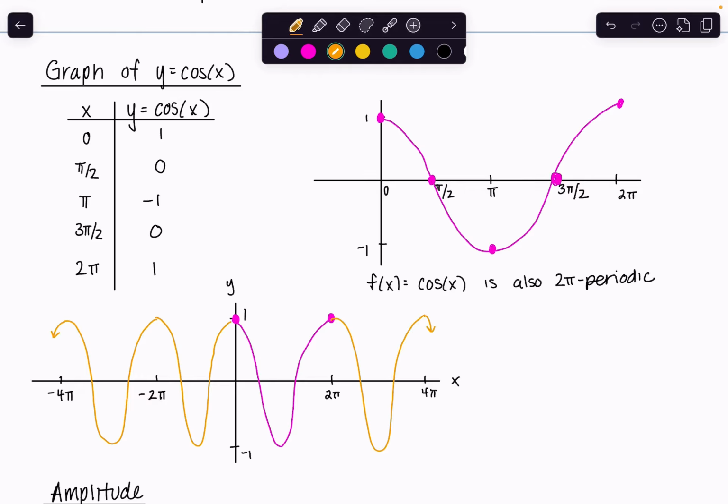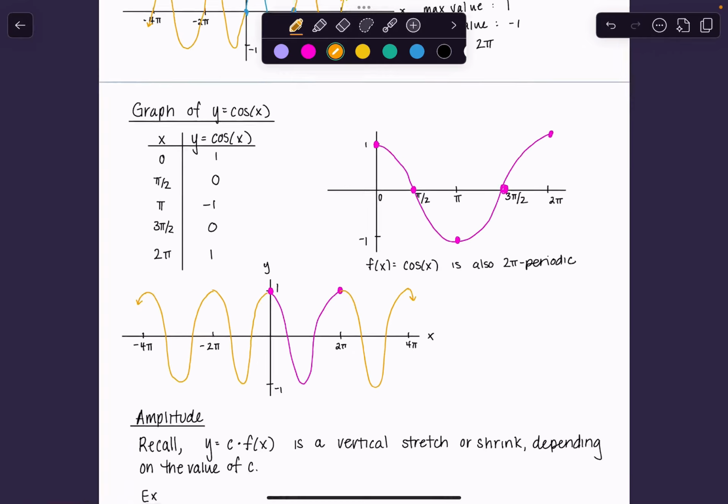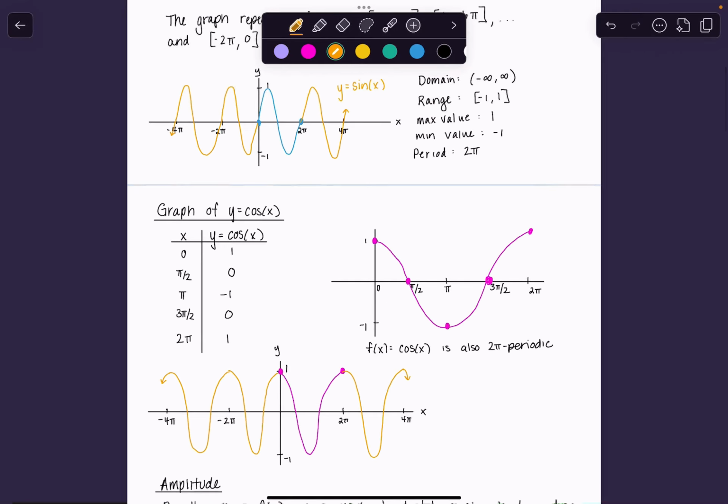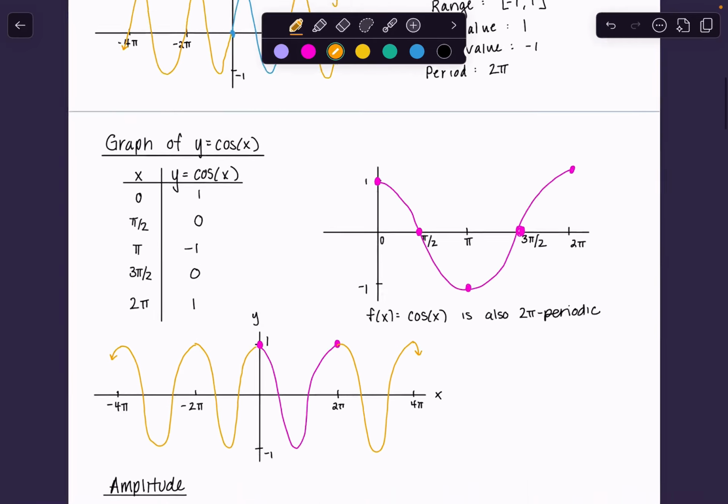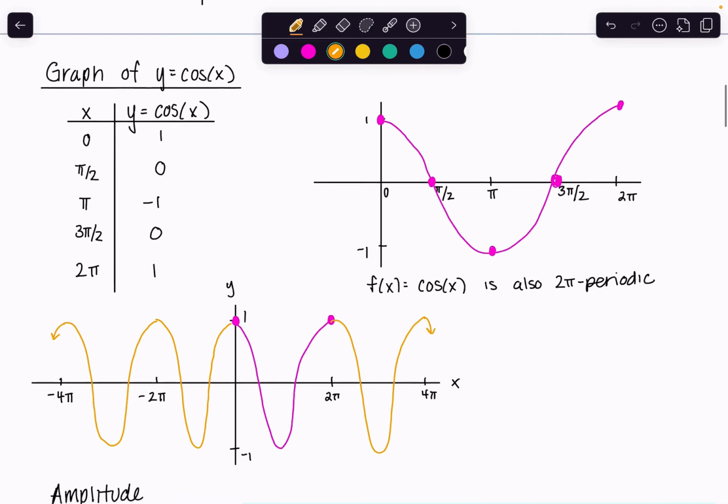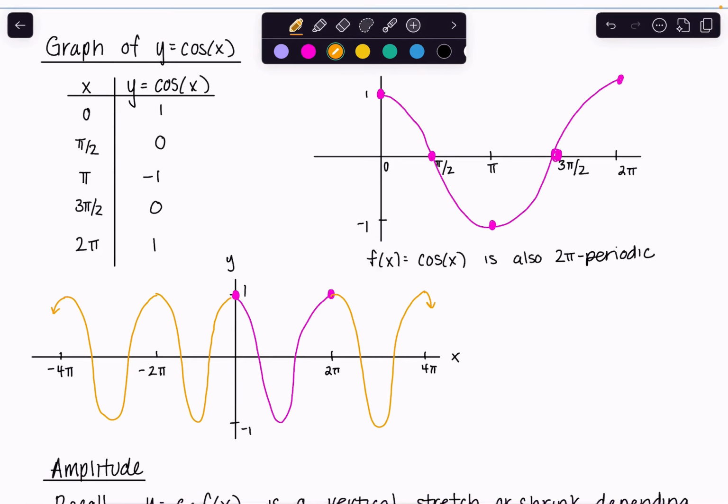So ultimately your graphs look pretty identical, they're just shifted. So you still end up with this wave shape, okay? And that makes sense because again, these are complementary functions. The only difference is that starting point. It's just a shifted version of the other.